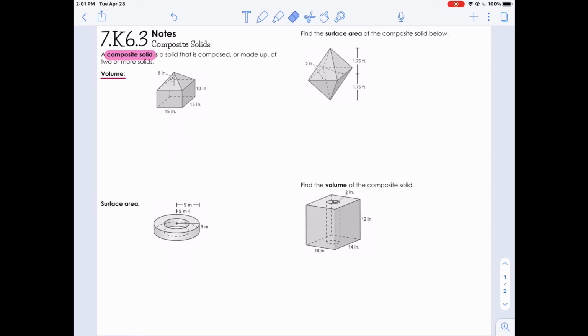This figure is actually made up of a square pyramid on top, stacked on top of a rectangular prism. The base is square, but the height is not 15, so it can't be a cube. So we have a rectangular prism and a square pyramid.